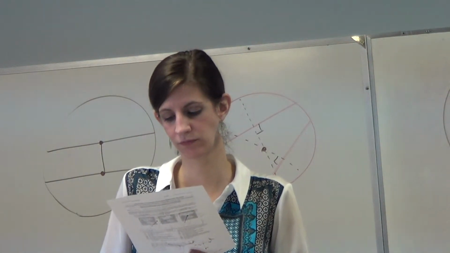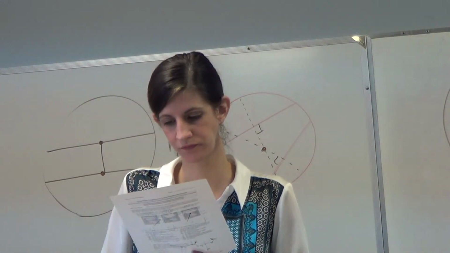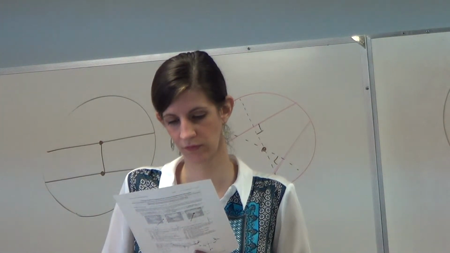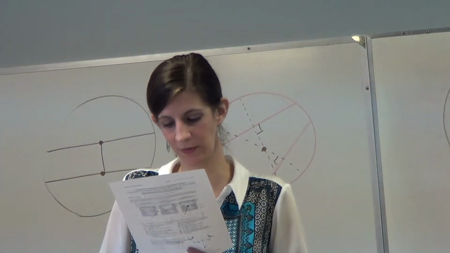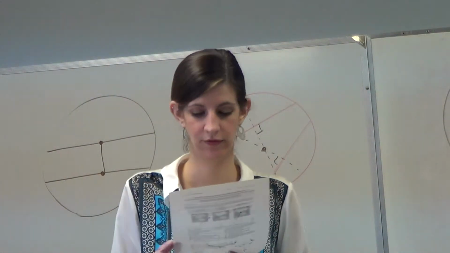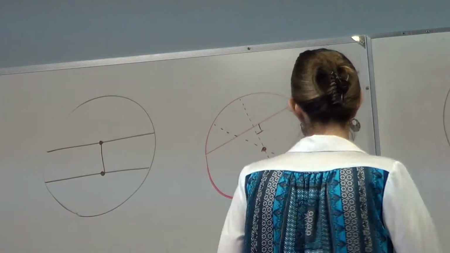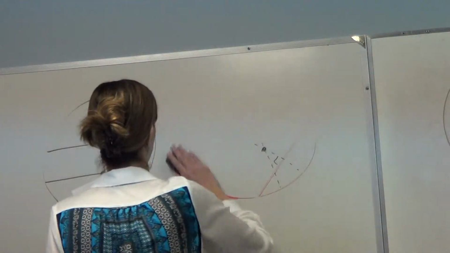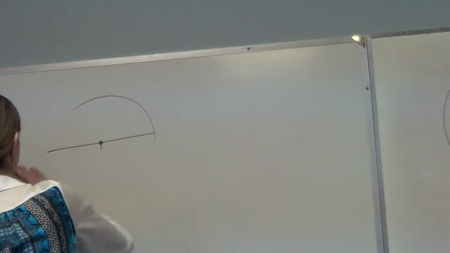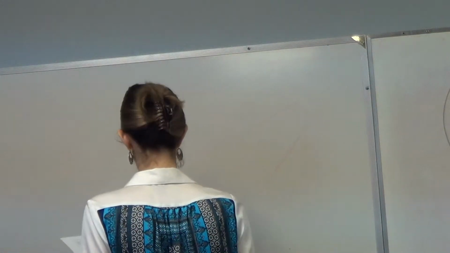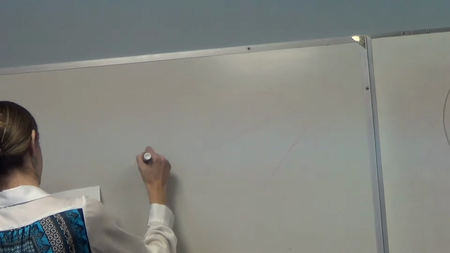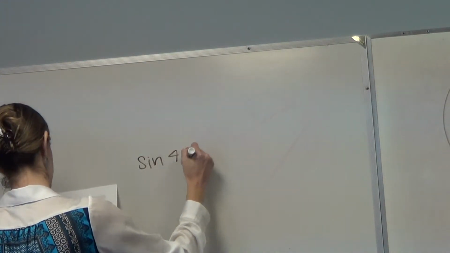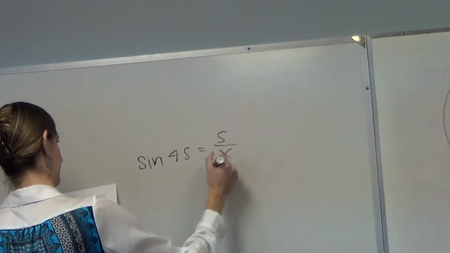I don't know how. I wonder if they did it differently. You're determining the tension in the wire, so it should be sine of 45 equals 5 over x.